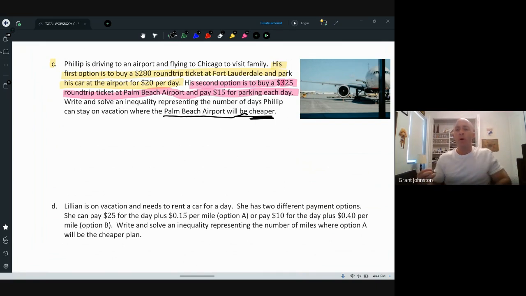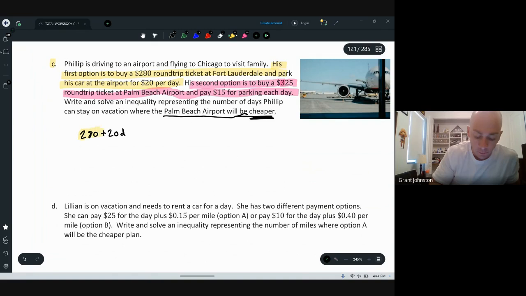So let's set up this inequality. Let me first write the expression for Fort Lauderdale. It's 280 plus 20 per day. Let me highlight that yellow just so we know it's Fort Lauderdale. Meanwhile, Palm Beach is 325 plus 15 per day.